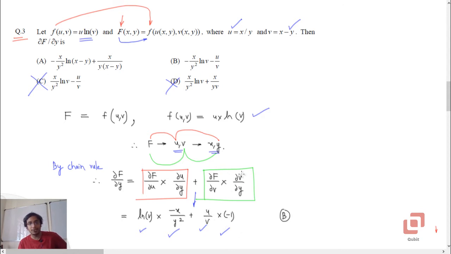It is minus 1 into u upon v, which is there in option B, and not in option A, even if you try substituting the values of u and v. Actually it doesn't have the negative sign. That is the reason why option A is not right. Otherwise x upon y is u and x minus y is v, that's perfectly fine, but due to the negative sign it's not the case. So option B is the right option for question 3.